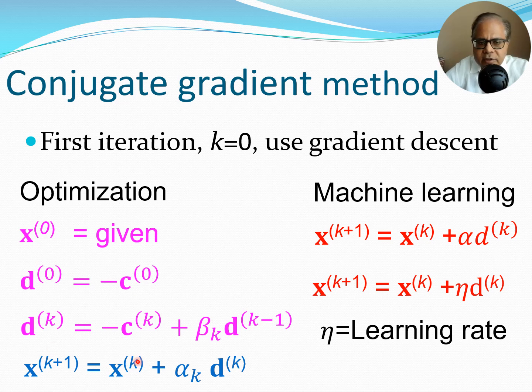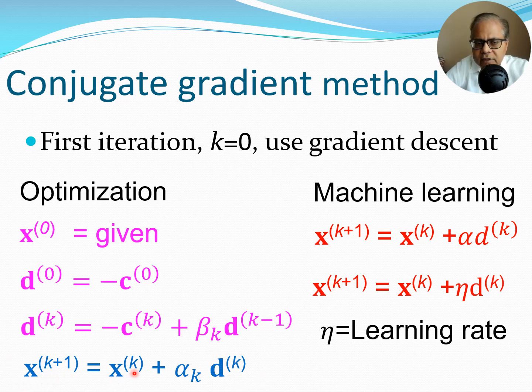So what happens here is that you have the previous search direction dk minus 1, and this is multiplied by this factor beta k, for which different people have propounded different formulas. So you have heard of the formulas such as Fletcher-Reeves and so on. And generally then we will move in the design space using this formula.